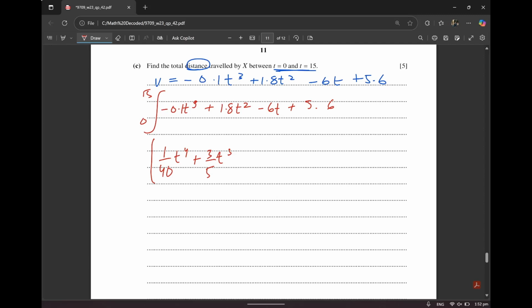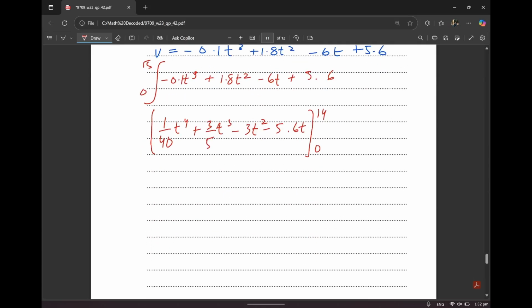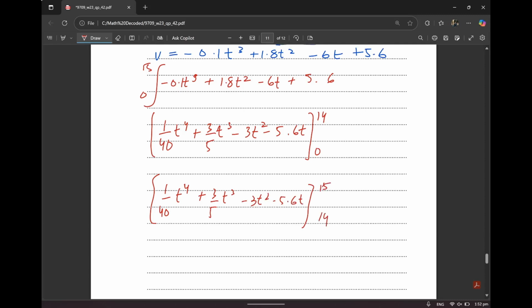If you need help on integration, you can let me know in the comments. So I'll be breaking this down into two parts. One part is going to be calculating the distance from 14 to 0, and the other part is going to be calculating the distance from 15 to 14.